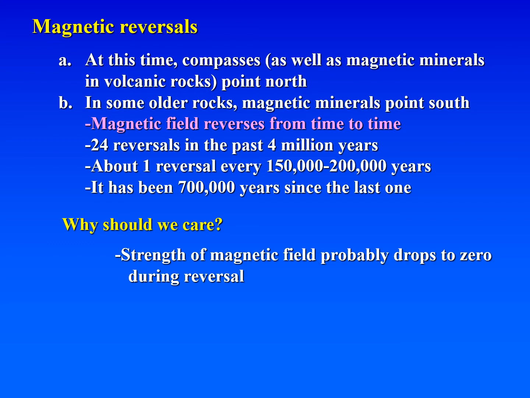So the bottom line in all this is that the Earth is a big magnet. From time to time, for reasons we still don't understand, it flips in polarity. These are called magnetic reversals. During a reversal, it's likely that the strength of the magnetic field will drop to zero.